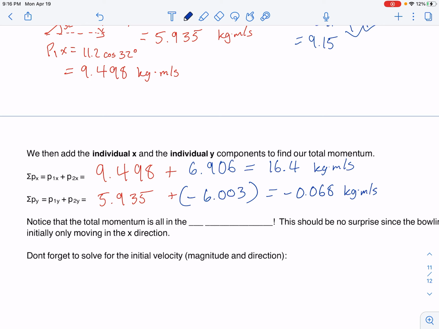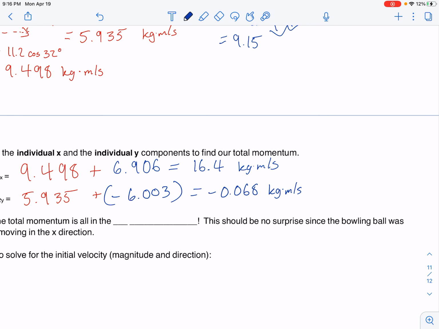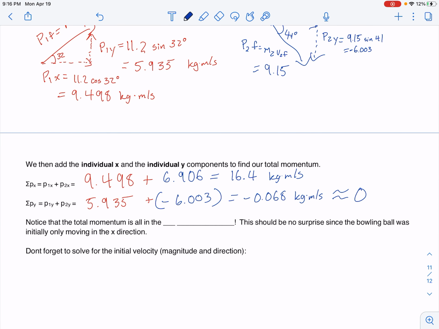Now, you might look at that number and think, wow, that's a really small number for two relatively heavy balls moving with not insignificant velocity. Here's the key thing though: it is correct that we would find a small number, and more accurately, this number should be about 0. You might be wondering why.